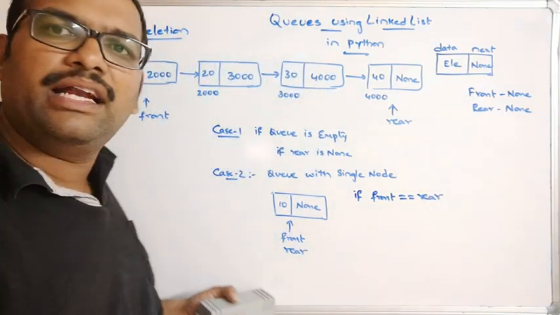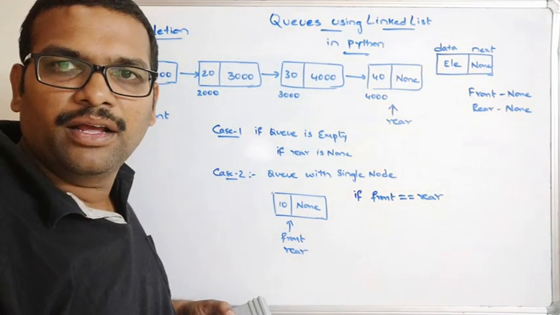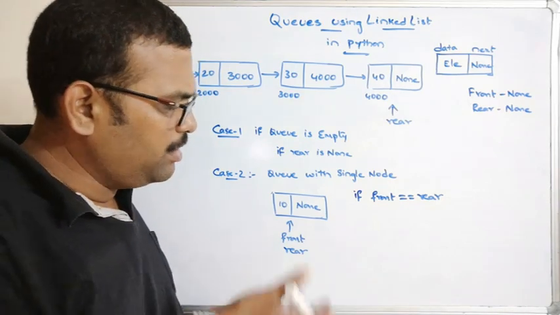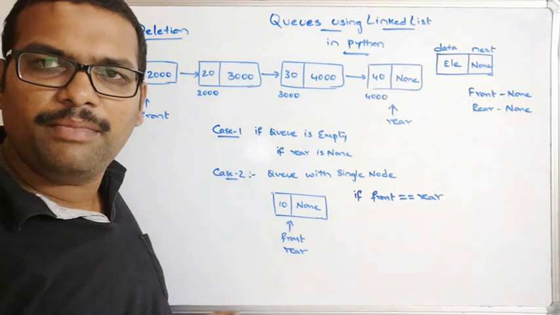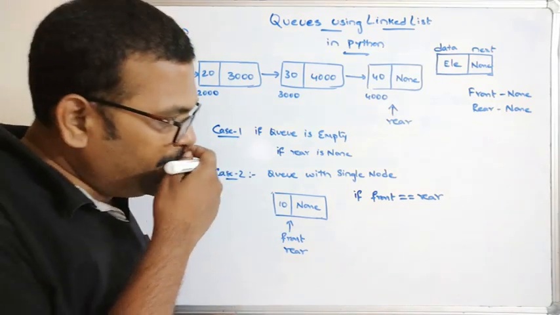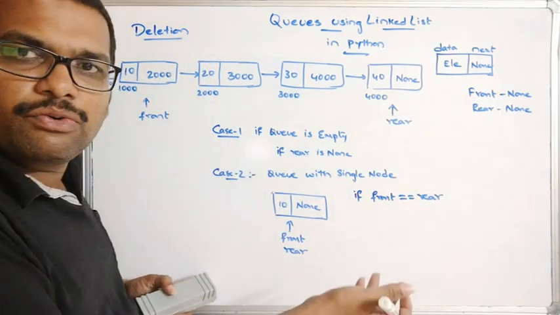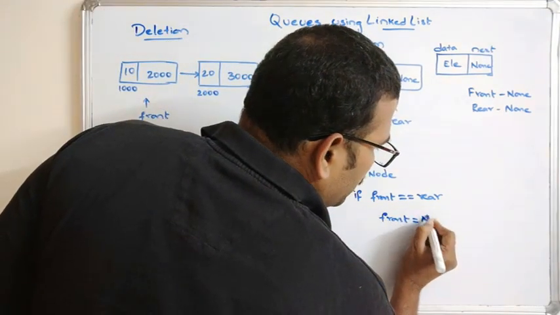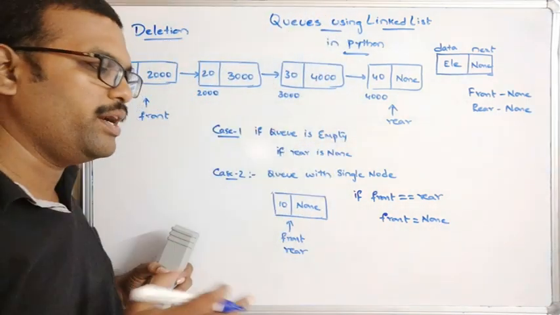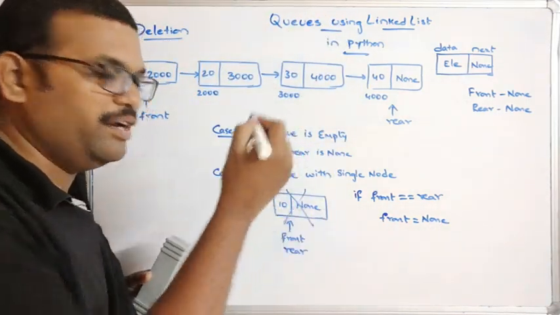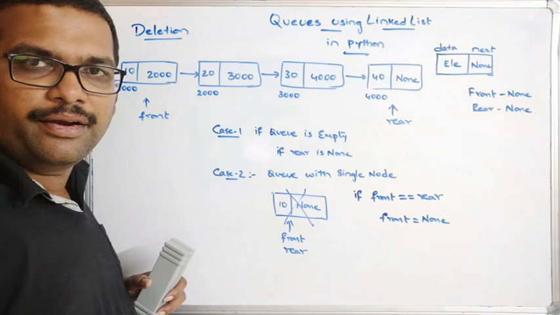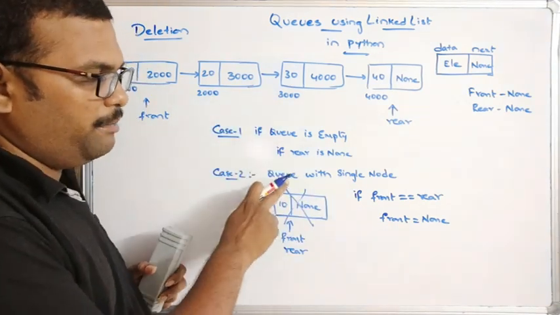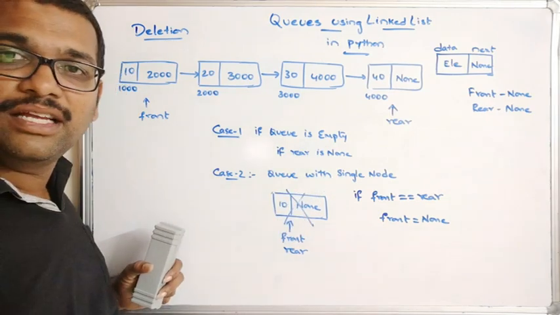So if both are equal, that implies that it is only a single element. If the queue is having only a single element, that is nothing but front and rear are initialized to the same element, right? So if front is equal to rear, simply you can give front is equal to none. So none will be initialized to front, so automatically this node will be deleted. That is a condition to check to delete the element if queue has a single node.